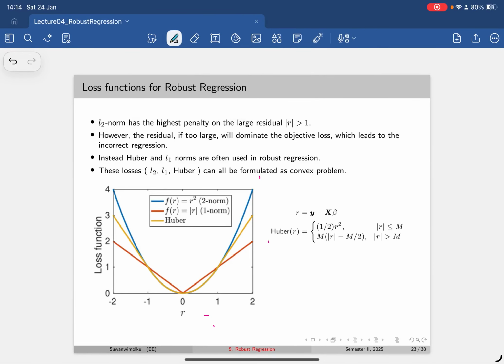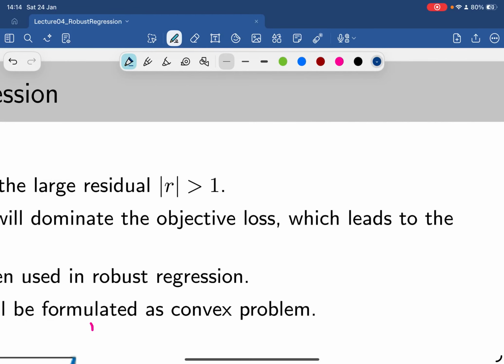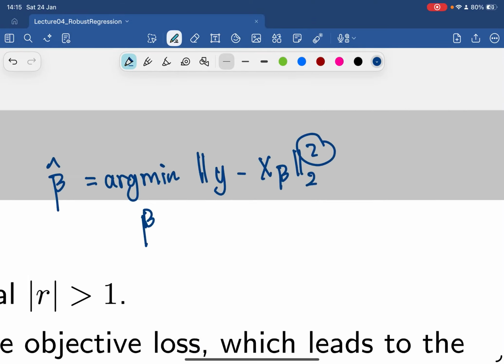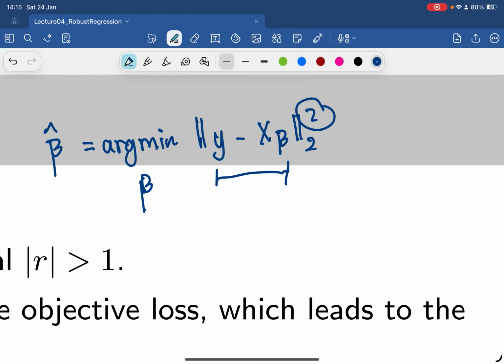If you recall, when we estimate beta, we usually use the argmin, we minimize the error, the residual between y minus x beta. And we know that if we use the L2 norm, very likely the term that causes this high residual will be the one that dominates your decision for beta, right?